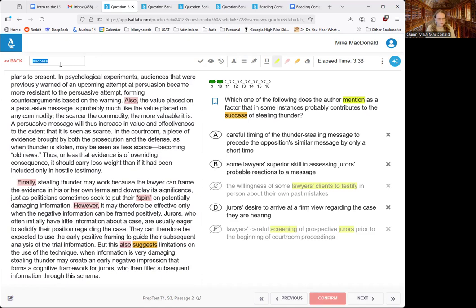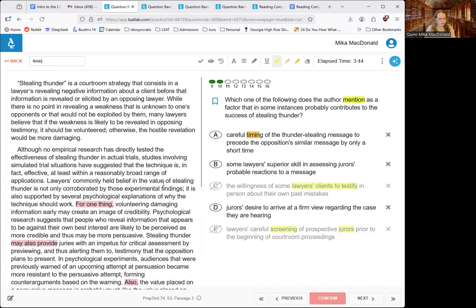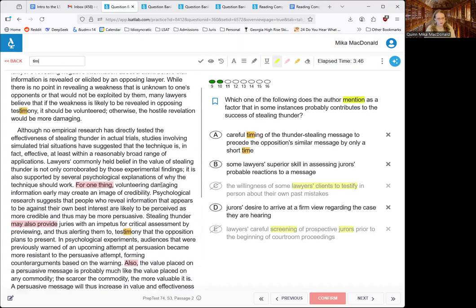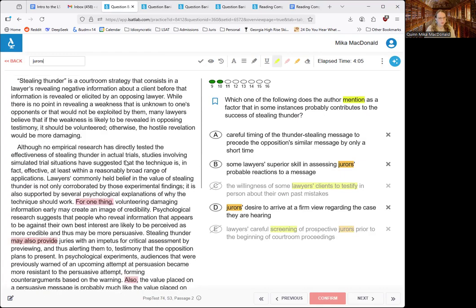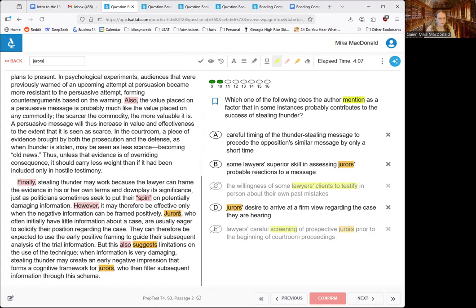I might look at careful timing. Testimony, if it included a hostile testimony, sometimes not seeing timing. And then I might go to B and I see, oh, well, B and D share a word, jurors. Oh, now that's helpful.